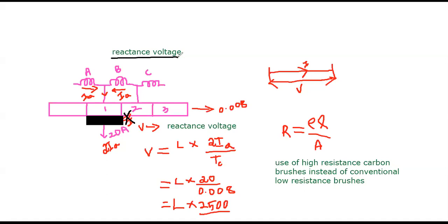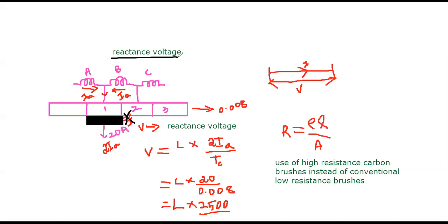That's all about the section today. In this section, we discussed the types of commutation, that is ideal or linear commutation, over commutation and under commutation, and then the reactance voltage and its effect, and how high the reactance voltage can be so that it may damage the commutator and brushes of our generator.